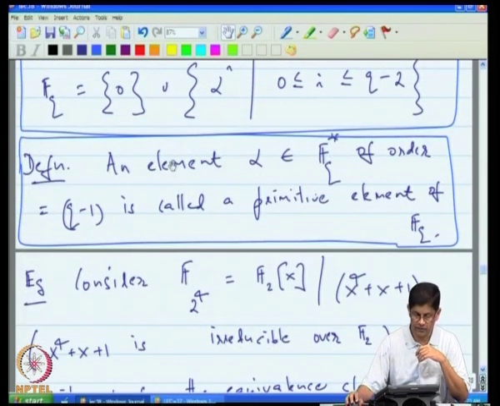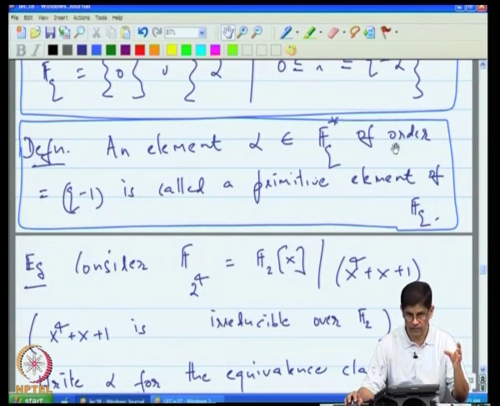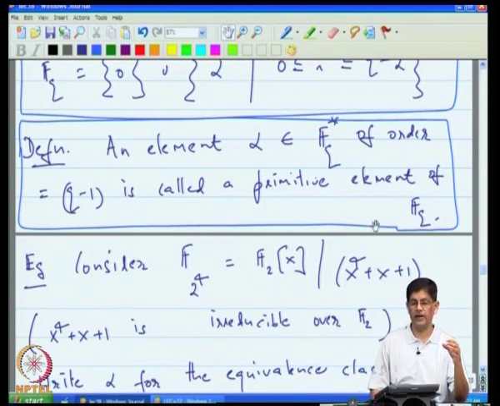An important definition here: we will frequently make reference to a primitive element of a finite field. An element alpha whose order is equal to q minus 1, in other words whose order is the maximum possible, is called a primitive element of the finite field.